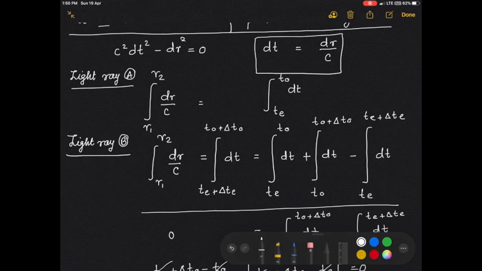The only thing that will change is everywhere I have dt there.